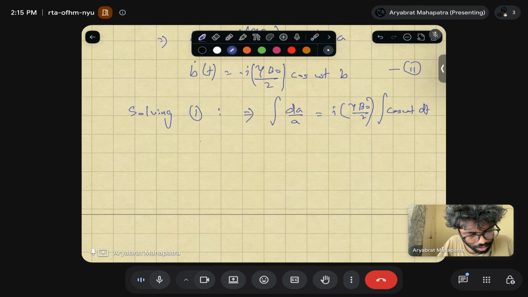Remember the initial condition: a of 0 is 1 over square root 2.